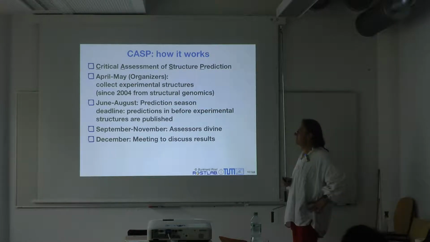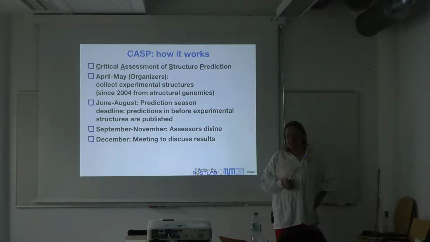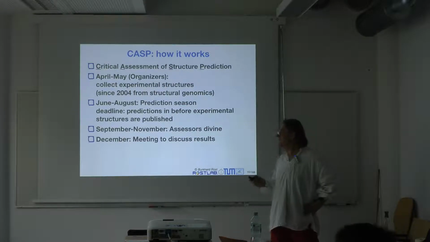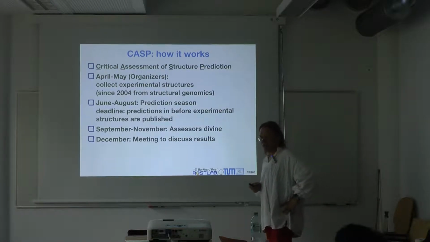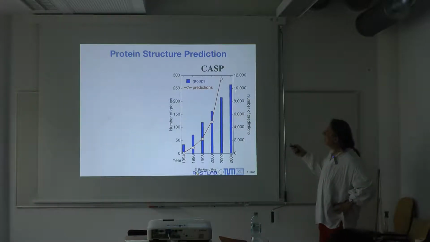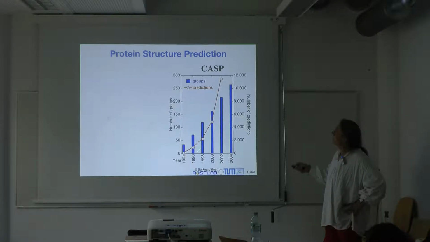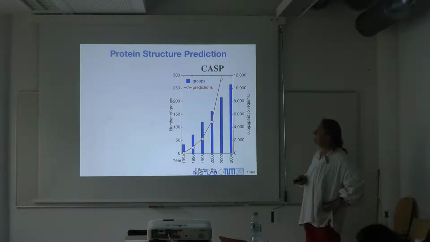Then there is a period between September and November when the so-called assessors, I call them divine, meet and discuss how well the groups did. And then there is the meeting in December in which the results are discussed. When we look over time, this is 94 when it started, CASP 1, predictions in red, number of groups, both clearly increasing, and I'm just looking at the first 6 CASP meetings here.